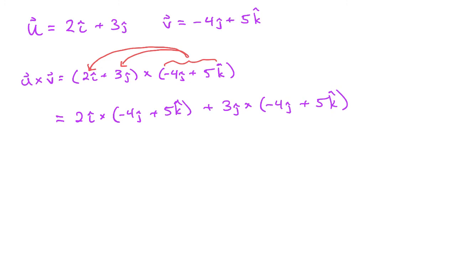All right, so now we distributed once, then we can distribute again. So we can distribute our 2i, and we can distribute our 3j.